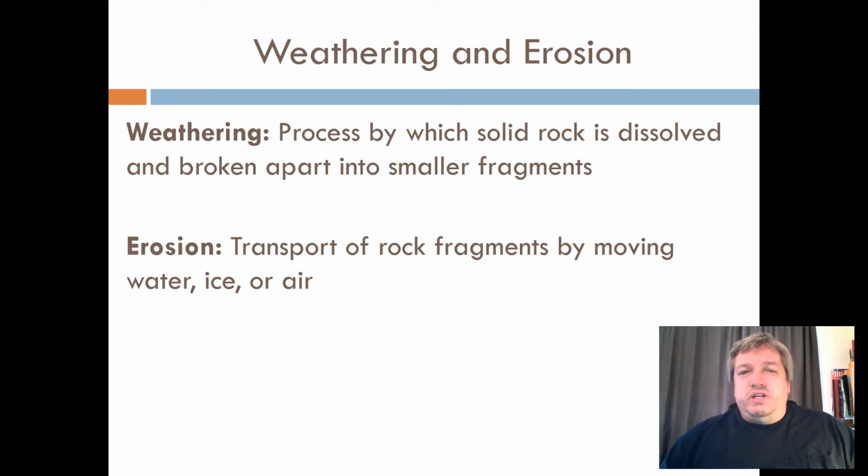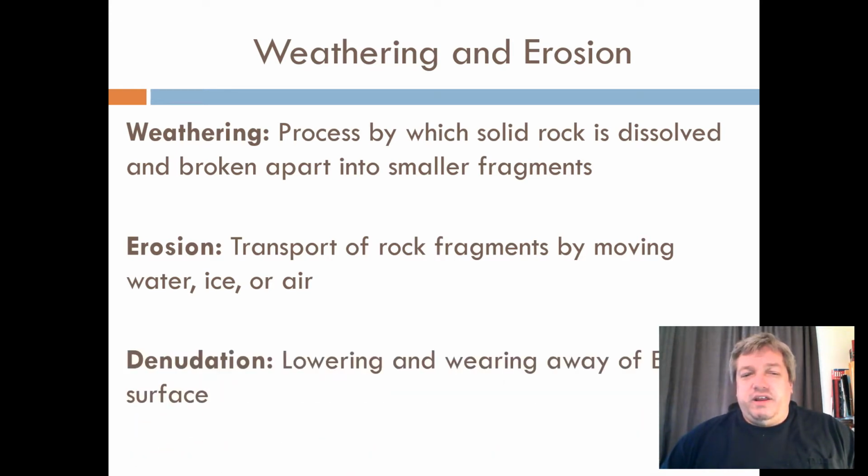So mountains are weathered and then rivers erode that rock or dirt and bring it away, or ice or air, but they're two different things. We're going to focus on weathering for this chapter. Erosion is coming up in a few chapters. But this whole process of weathering, breaking apart big rocks into small rocks, and erosion, moving these rocks around, is denudation. Generally speaking, the Earth's surface is either being built up or lowered, or denuded.